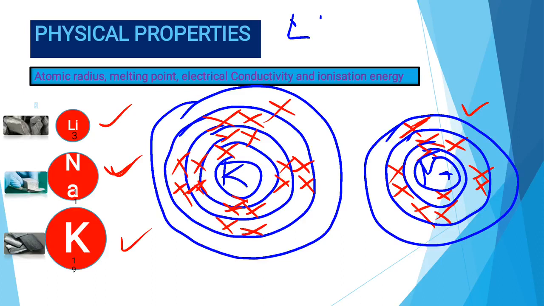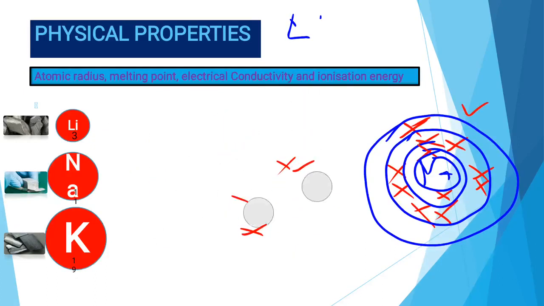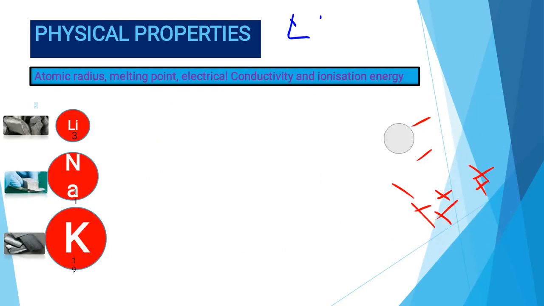When we compare the 3 atoms by their electrical conductivity, their ability to conduct electric current, it is found that the 3 of them conduct electric current at the same rate.